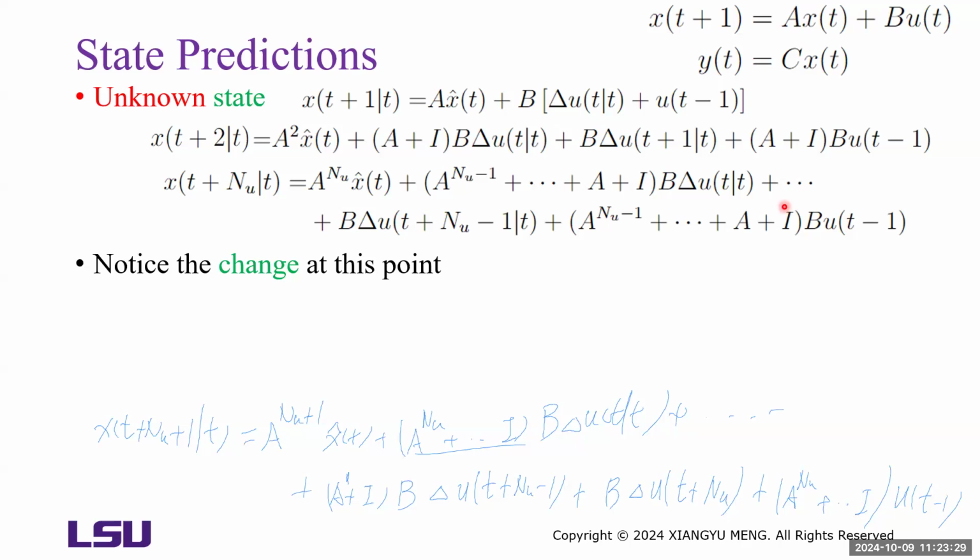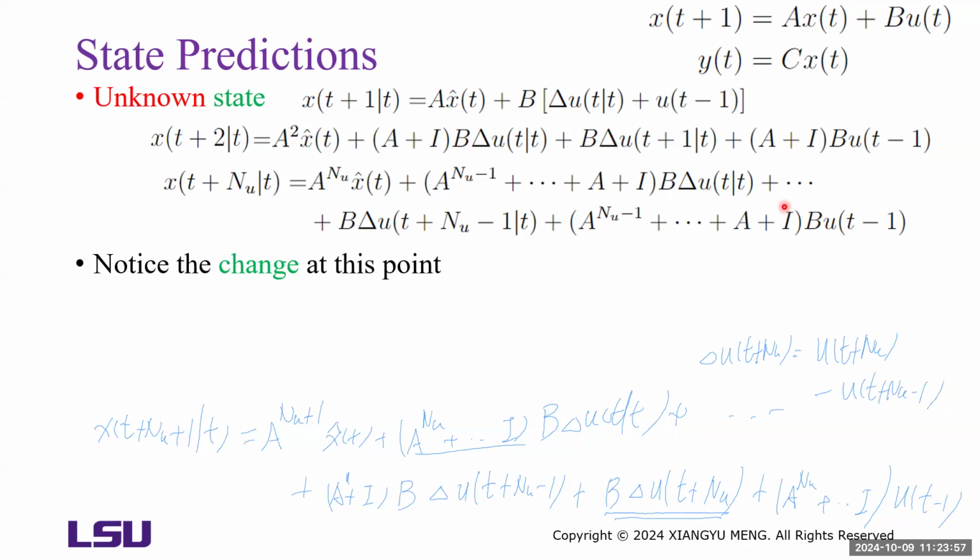Then you can see this is something interesting. So that delta u t plus nu, based on the definition, will be u t plus nu minus u t plus nu minus 1.